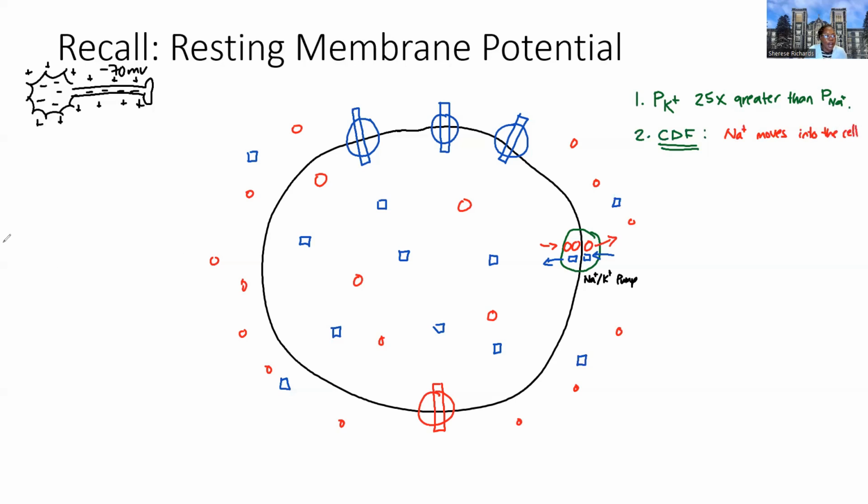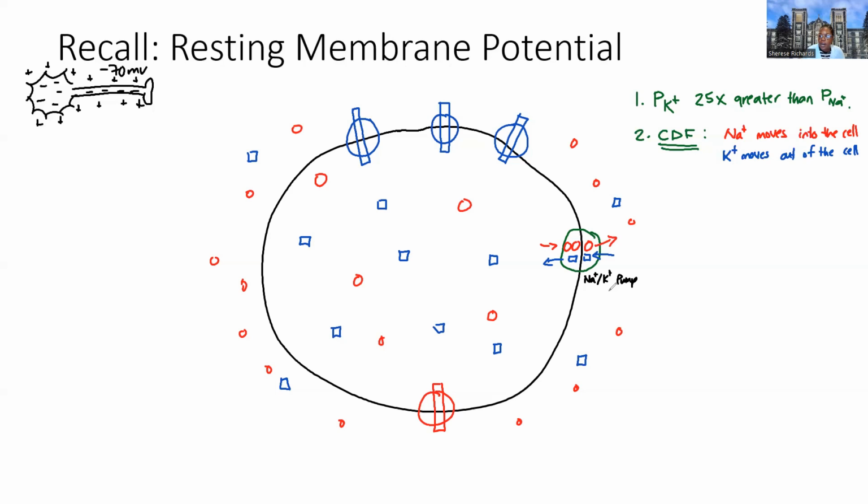Okay. The opposite is true for potassium. Potassium has a greater concentration inside the cell and a lower concentration outside the cell. So potassium moves out of the cell. So that's the first scenario we want to think about.